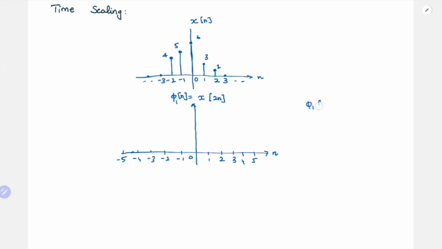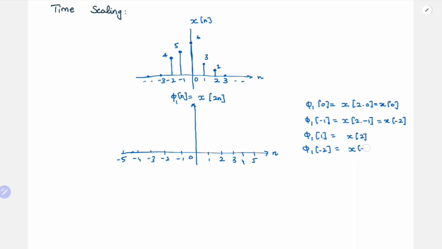So my phi 1 of 0 is nothing but x of 2 into 0, which is nothing but x of 0 itself. My phi 1 of minus 1 is x of 2 into minus 1, which is x of minus 2. My phi 1 of 1 is x of 2. My phi 1 of minus 2 is x of minus 4. Phi 1 of 2 is x of 4, and so on, right?